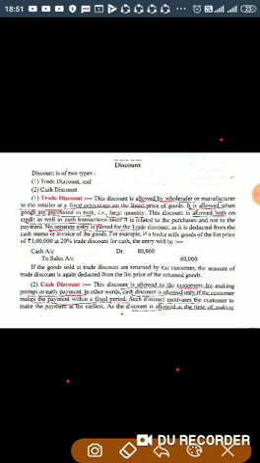They have given an example that if a trader sells goods of the list price of rupees 1 lakh at 20% trade discount for cash, first of all you will calculate the selling price. He is selling at the list price of 1 lakh and 20% trade discount is allowed. So we will deduct 20% from 1 lakh. 20% of 1 lakh is 20,000.